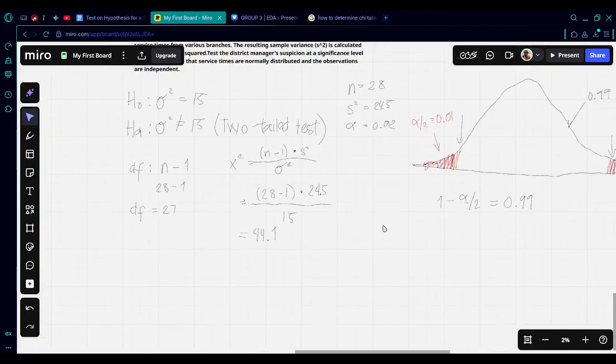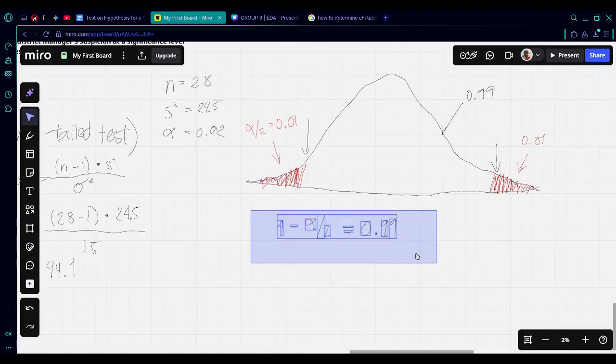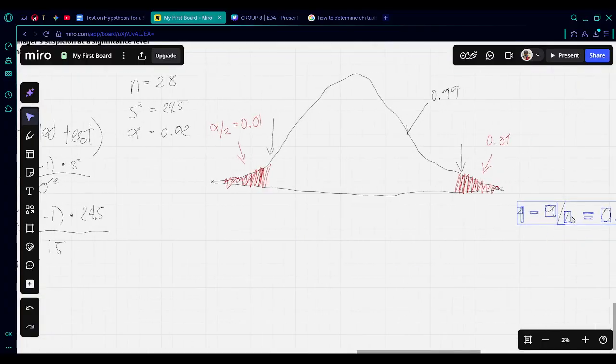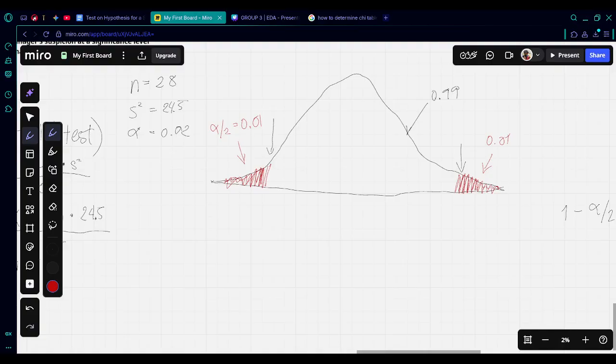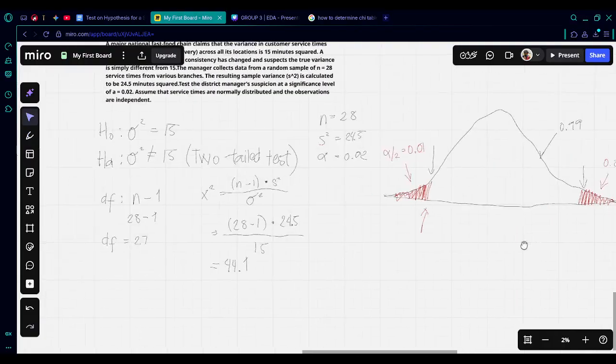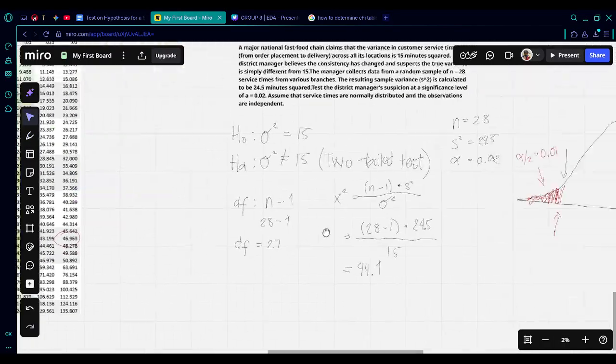So in the left tail we have a critical value of 12.879.